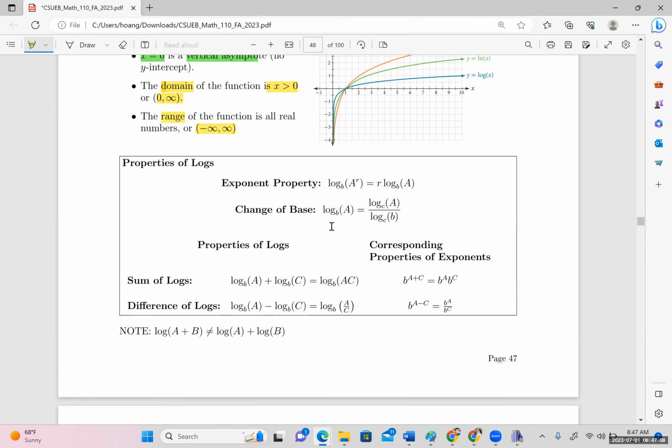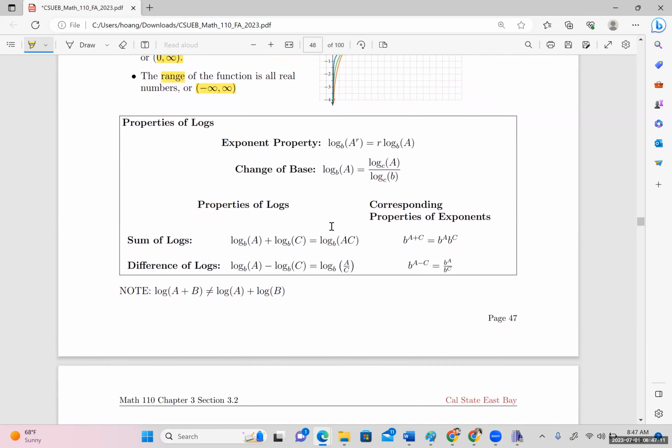Okay, down here, I would like to introduce you to some properties of logs. We have the exponent property. This exponent property is important because it can help you move the power down to the front of the log.